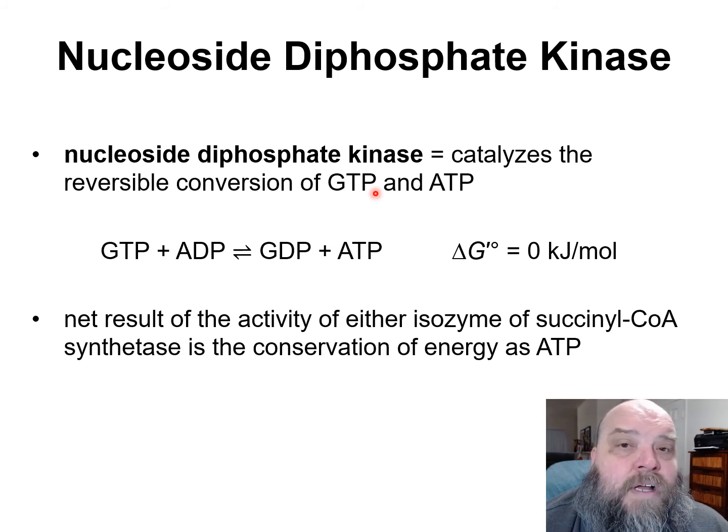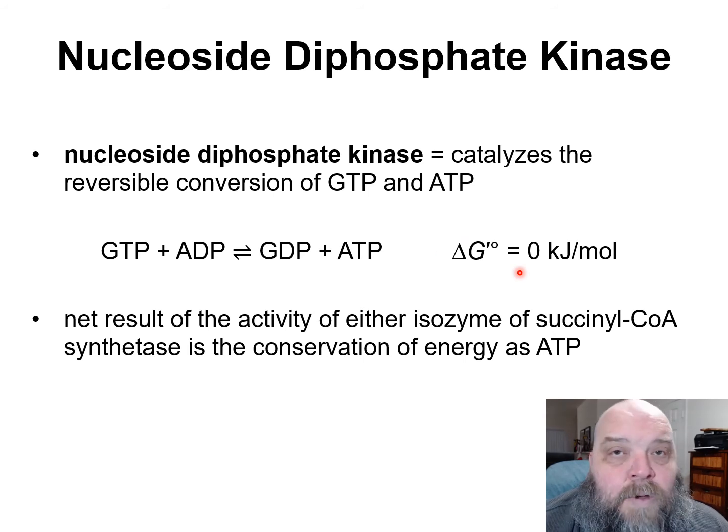The majority of all the reactions, as you've seen throughout this course, and if you took the fall semester course, was always ATP. So the nucleoside diphosphate kinase is going to take one of those nucleoside triphosphates and transfer that terminal phosphate to a diphosphate and turn it into ATP. This is a net zero game here.